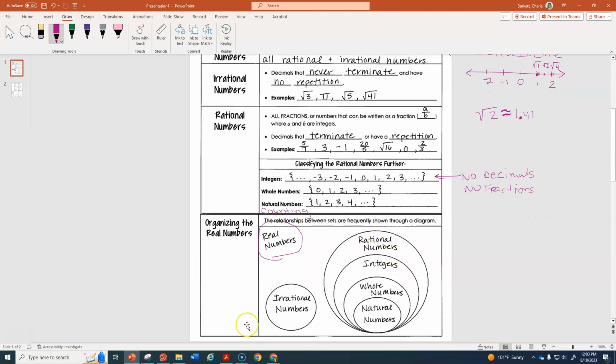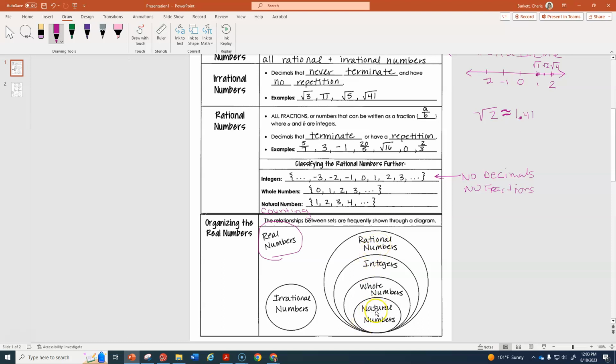This picture down here is called a Venn diagram. It's just a way to show how things are related to each other. The reason that these circles right here are inside this other circle is because if you are an integer, you automatically are already a rational number.